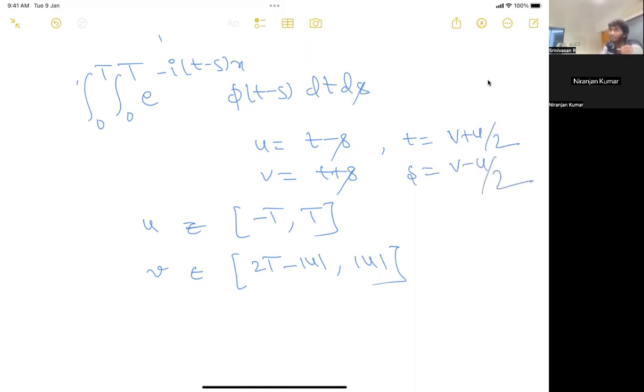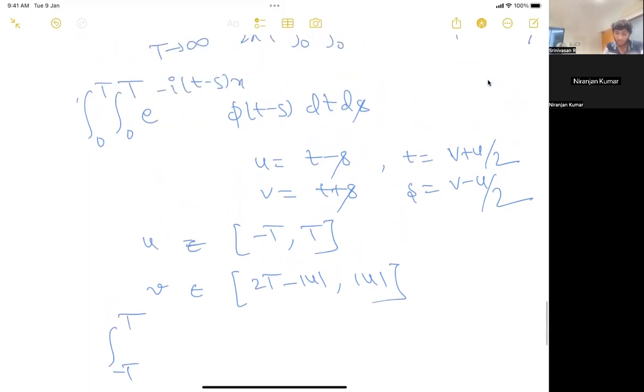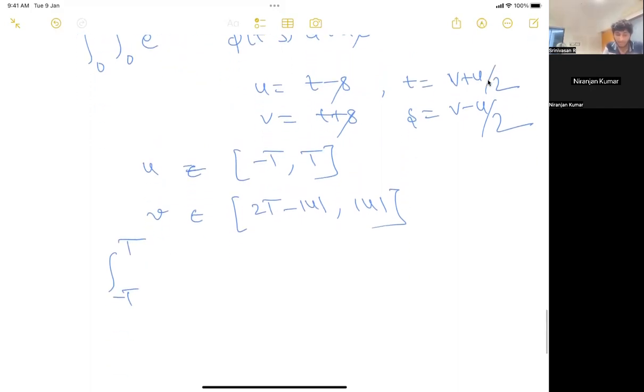Now you can form the matrix of partial derivatives, the Jacobian matrix, and you can take the determinant, which will be half. So by the change of variables formula, the above integral is equal to the integral from minus t to t, mod u to 2t minus mod u, with the factor half, which comes from the Jacobian.